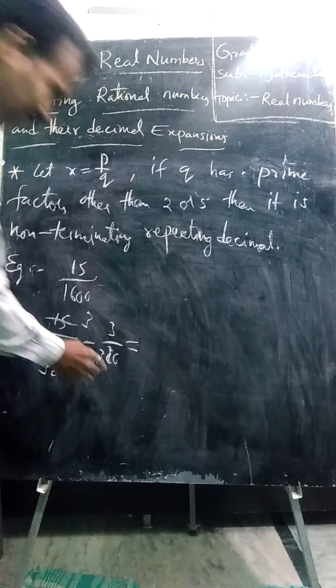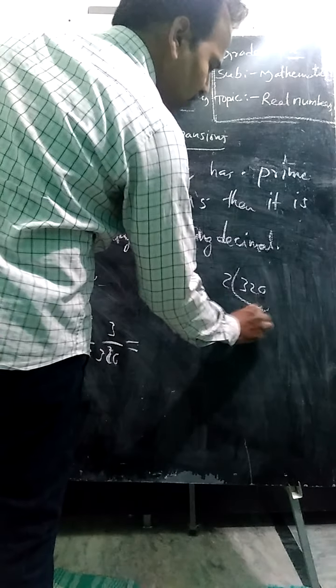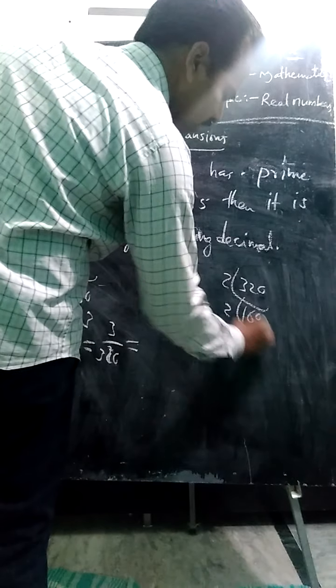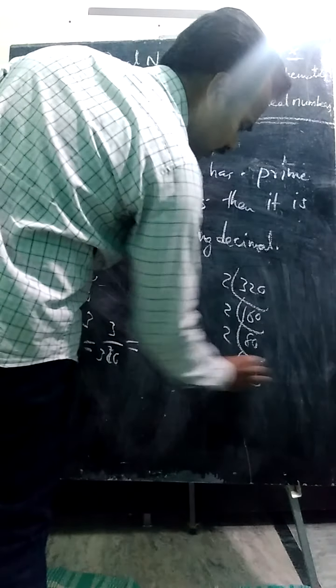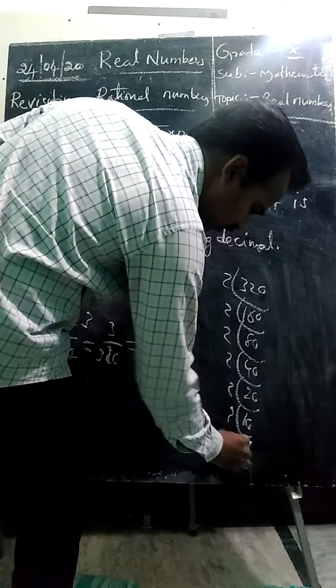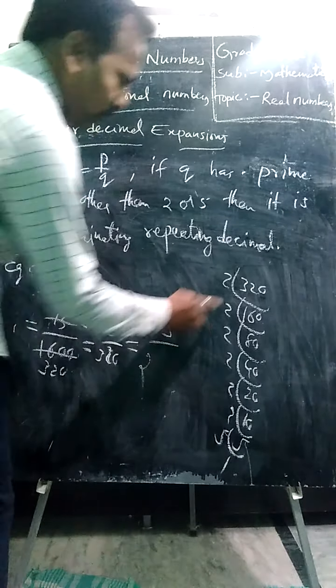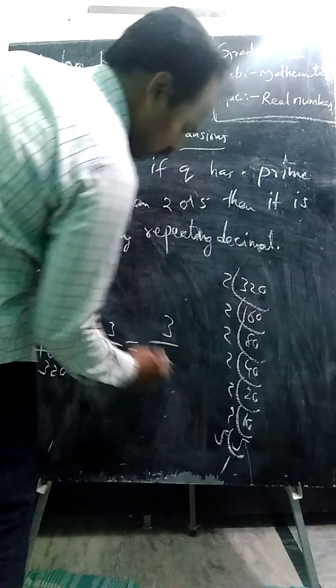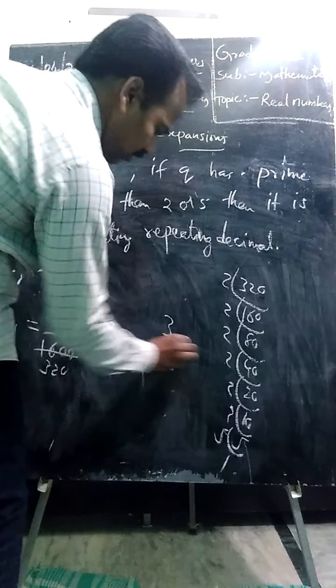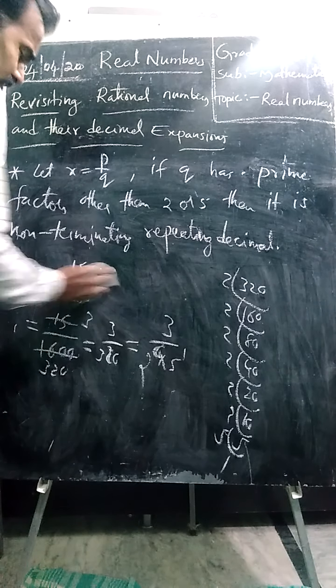So now we have to apply it to 320. We can write 2 table 160, 2 table 80, 40, 20, 10, 5, 5. So we can write 3 by 2 power how many? 1, 2, 3, 4, 5, 6. So 2 power 6 into 5. Now it is a terminating decimal. It is not non-terminating because it contains only 2 or 5.